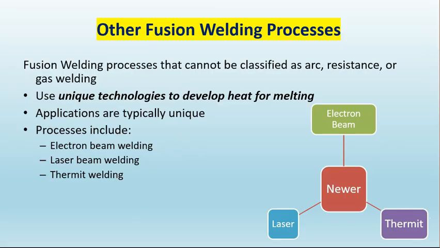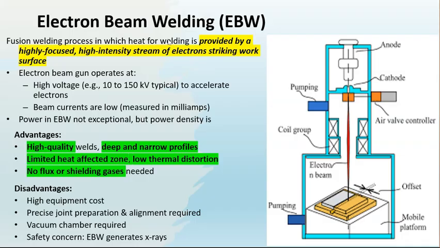And these are the other fusion welding processes, which are not arc, resistance or gas welding. It's a unique technology to develop the heat for melting. So we have electron beam, thermite and laser. Let's look at electron beam welding, in which they use a highly focused, high intensity stream of electrons striking the work surface.